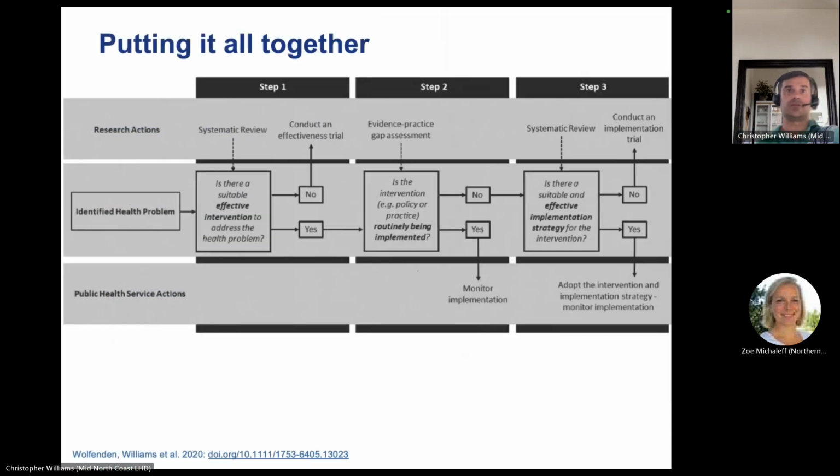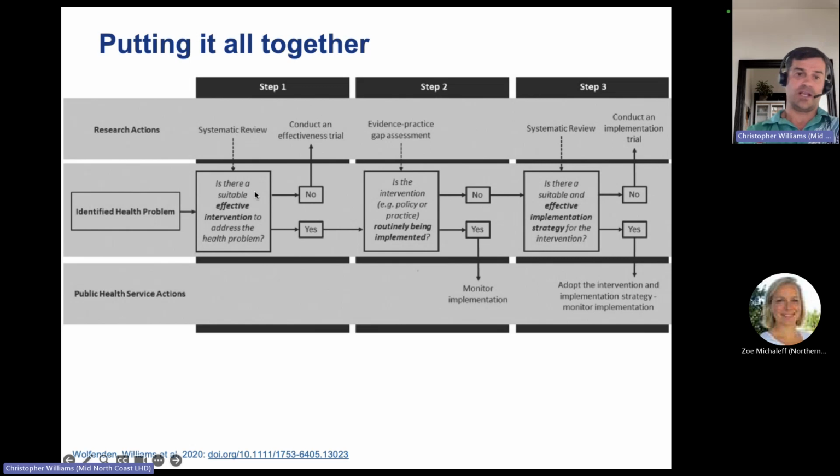Okay, so now just to pull it all together, this is a couple of slides which aim to bring this whole process together, and I'll present a case study following this. This is a model that some colleagues and I have put together, which relate to both research and public health service actions in an evidence-based practice model.